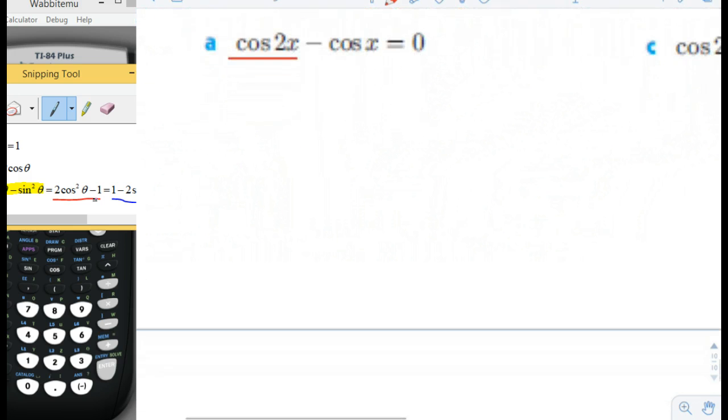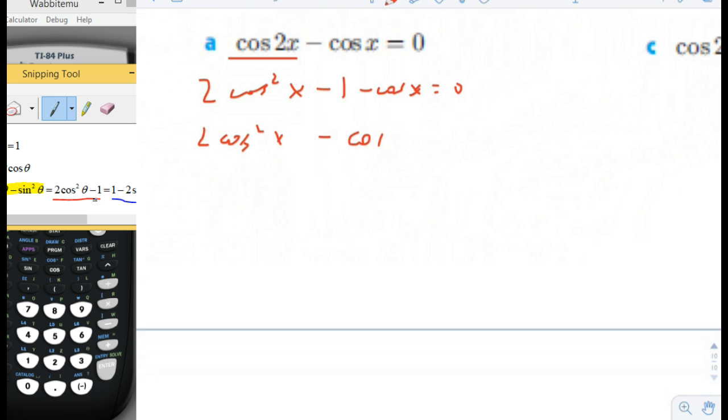So 2 cosine squared x minus 1 minus cosine of x equals 0. And then we're going to rearrange it so that the cosine squared x is first and the cosine is second. Makes it more recognizable if we put it in order of descending powers.